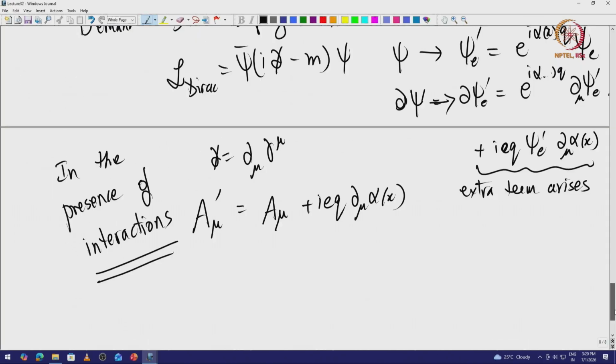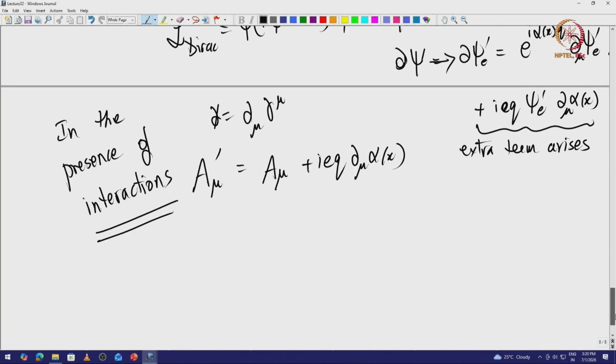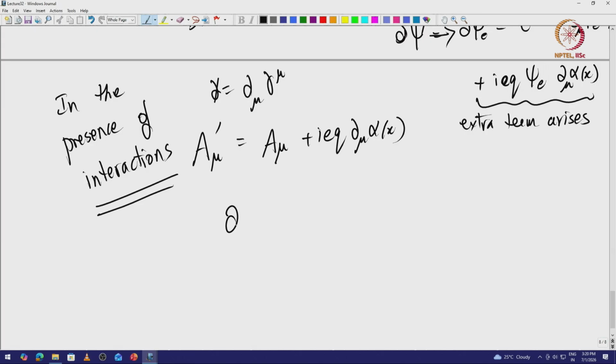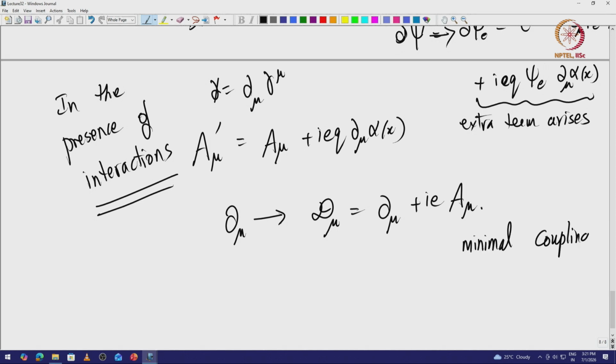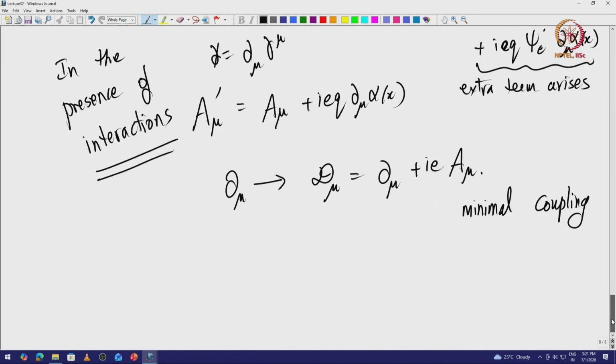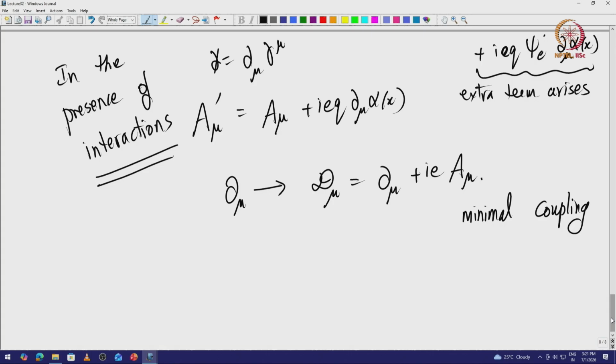So the way to do it is essentially to move del mu to a covariant derivative, del mu plus i e a mu, okay. That means you are introducing interactions in a minimal coupling way essentially. Now when you do this, you will immediately see what is happening to the Lagrangian, okay.